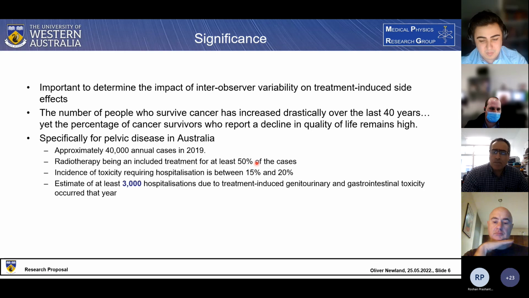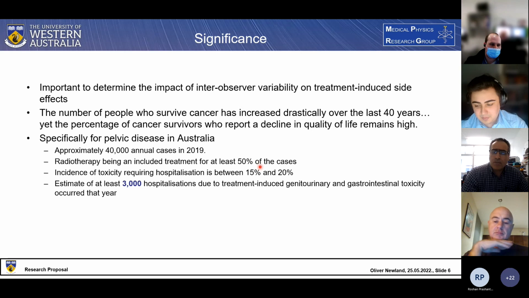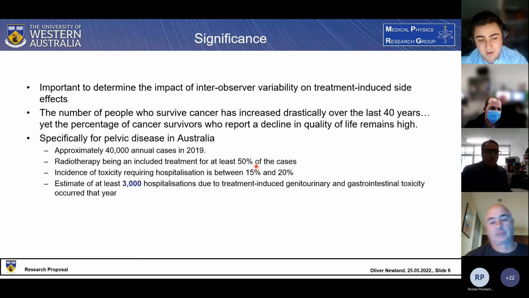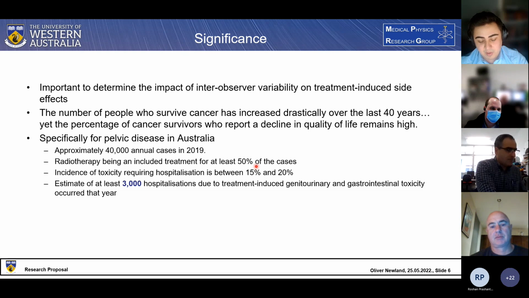Yeah. So how do you think your method would impact clinically? Do you think there is a clinical impact there? Well, it really depends on what's found. Say, for example, you did see that with interobserver variability, there's just massive variation there.